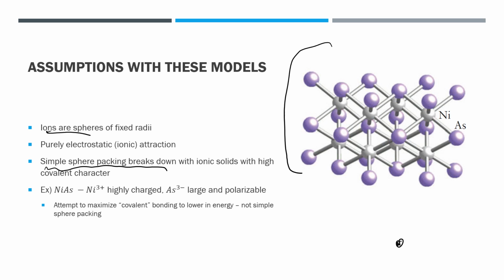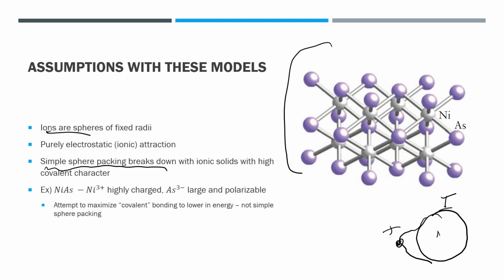We have this really highly charged cation and this anion that's very big and diffuse. The strongly polarizing cation is going to pull the electron cloud and almost form a covalent bond. And because of this, this structure attempts to maximize covalent bonding, not just maximize ionic attraction.